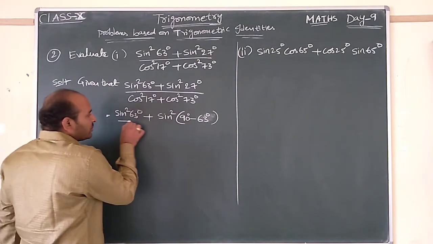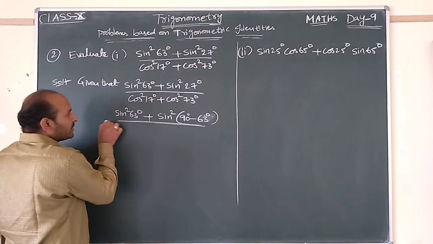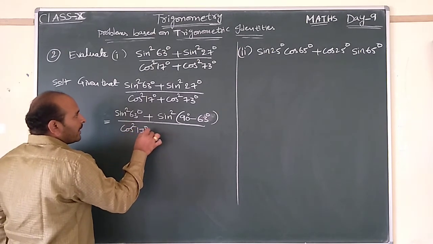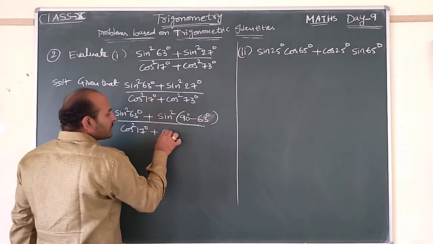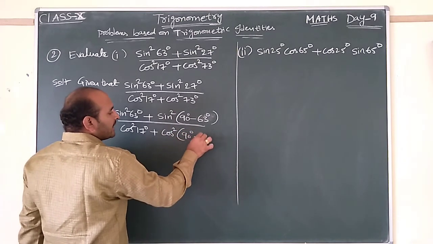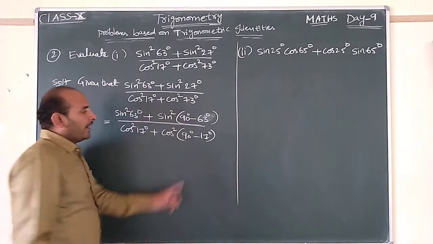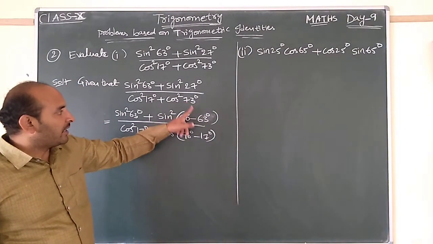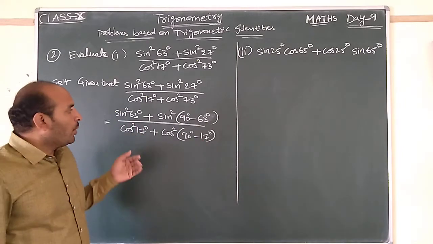Even the denominator, same procedure. Cos square 17 degrees plus cos square, this one 73, how can you write? 90 degrees minus 17 degrees. 90 minus 17, 73 degrees. 73 plus 17, 90 degrees.